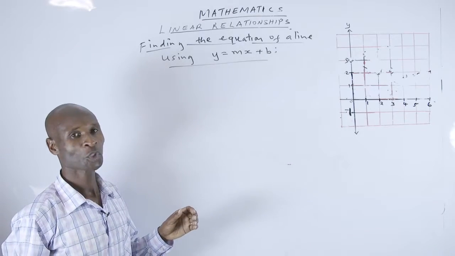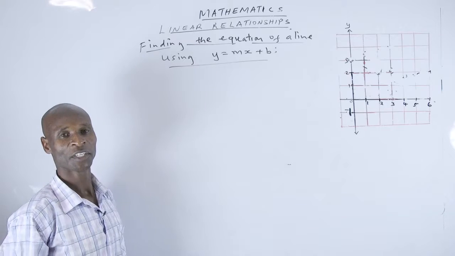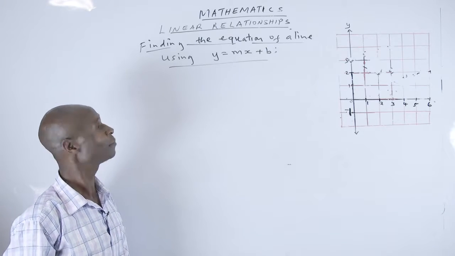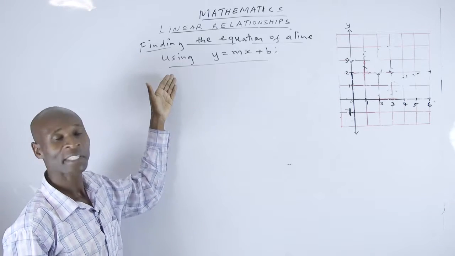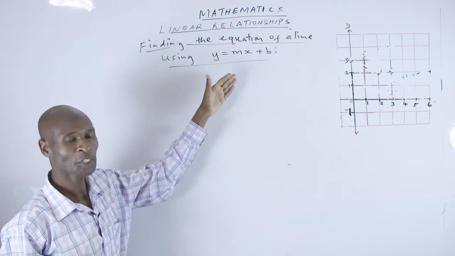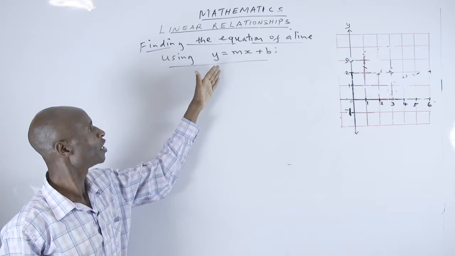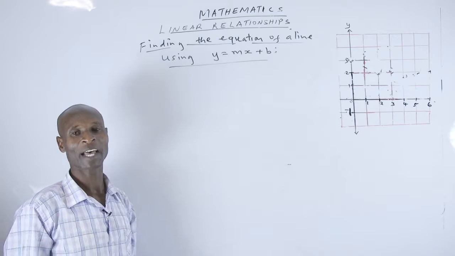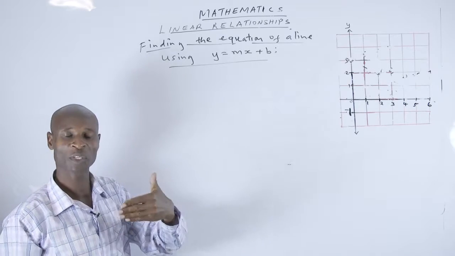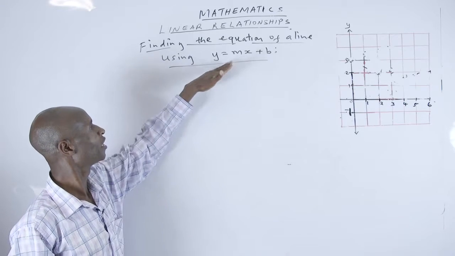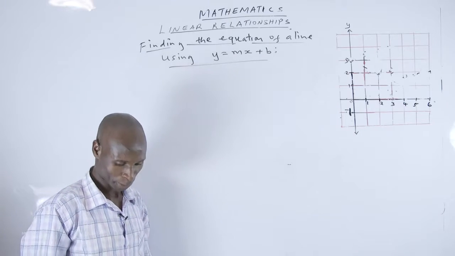So we wish now to extend the knowledge of gradient and y-intercept to this concept of finding the equation of a line using y is equal to mx plus b. How do we find the equation of a line using y is equal to mx plus b?